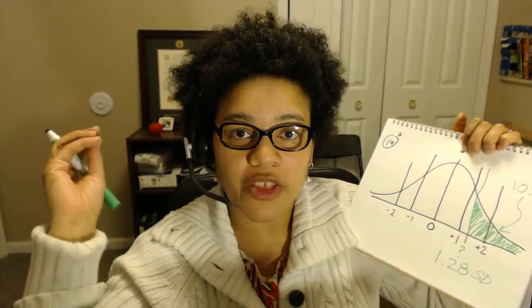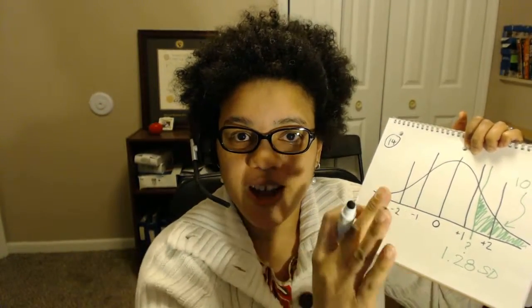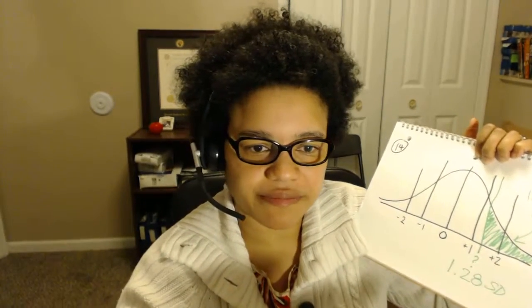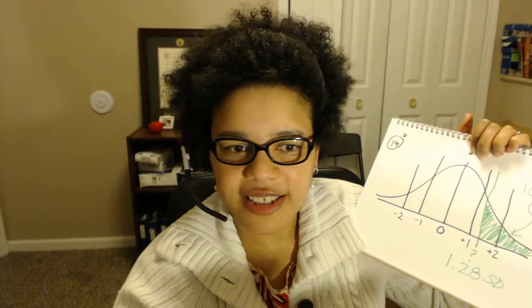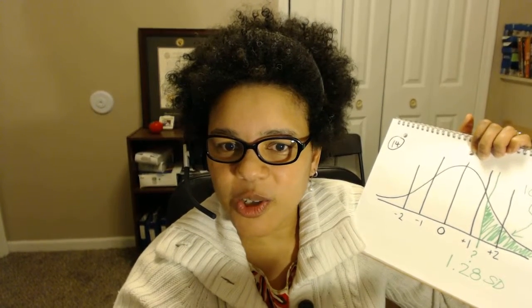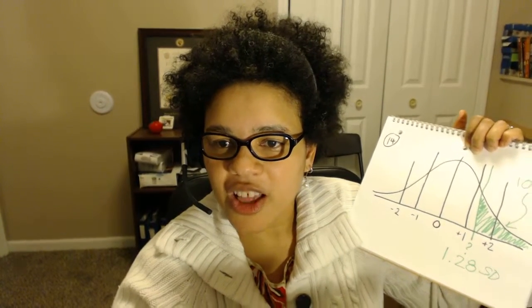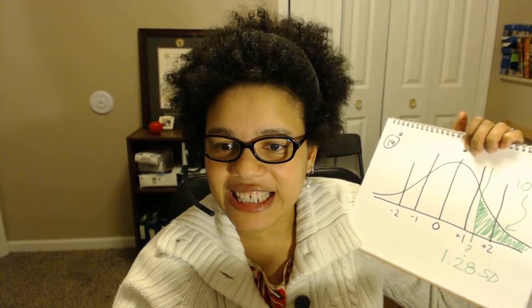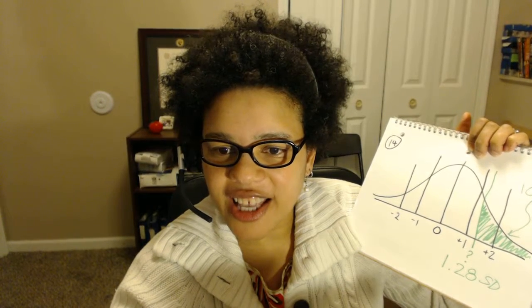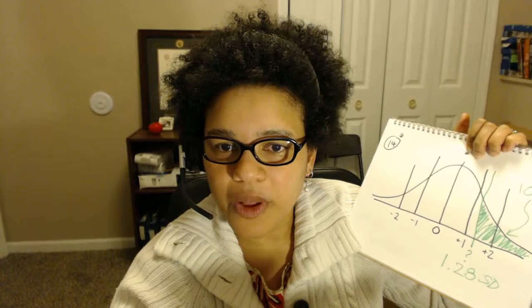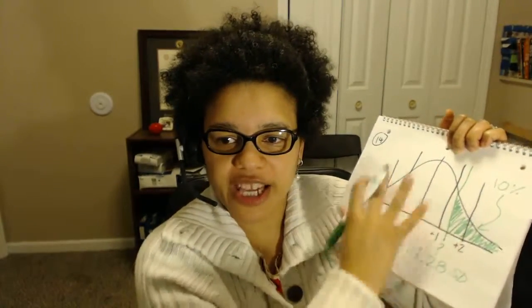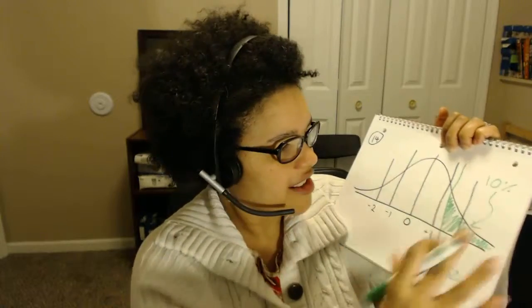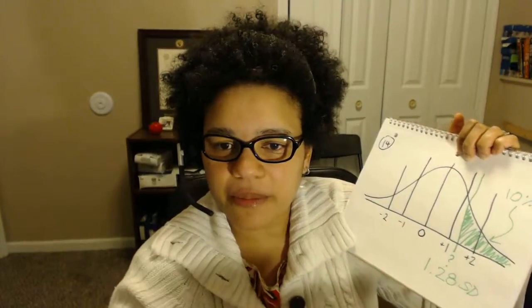We're able to go from the percent to the z-score or the z-score to the percent. And on slide 16, it just goes through exactly what I did on this page. Okay, 10%, yep.